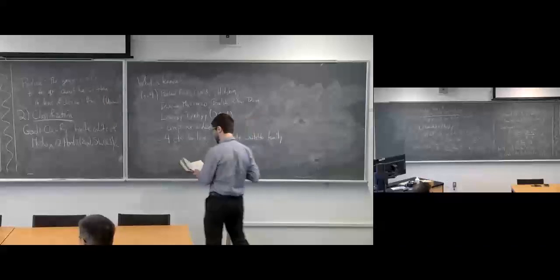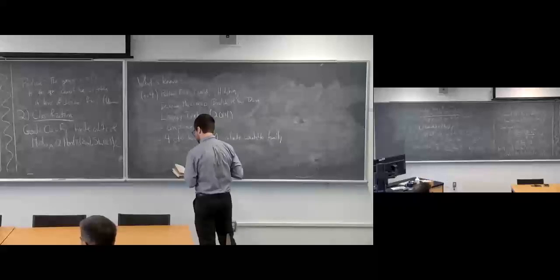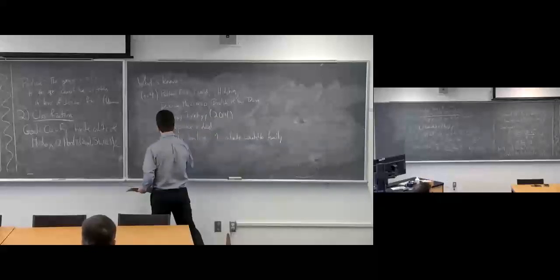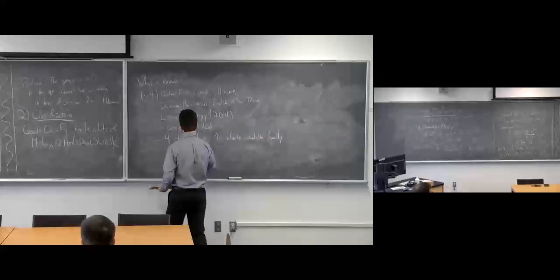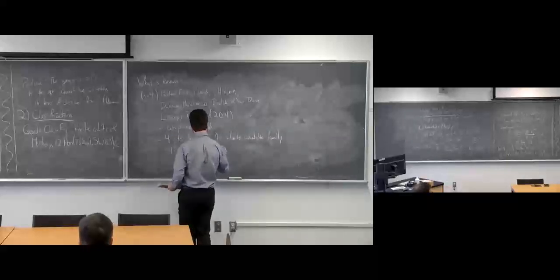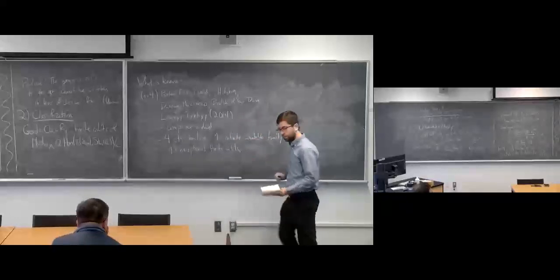Or at least you talked about it in Toronto earlier this week. And then there's 45 exceptional finite orbits. So the upshot is it's a bit complicated.